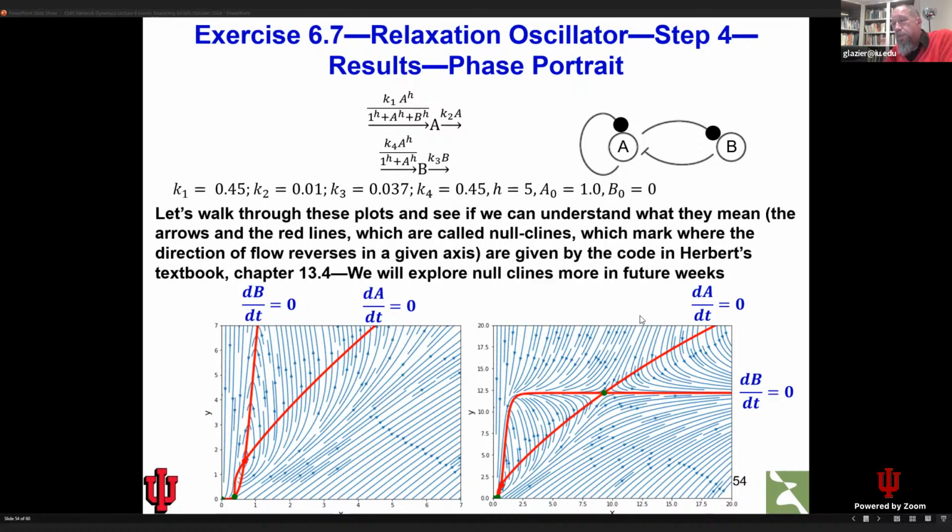If I start up above it, I move down, and depending on whether I'm on the left-hand side or the right-hand side: if I'm on the left-hand side, my value of A gets swept to being small. If I'm on the right-hand side, my value of A gets swept to be big.